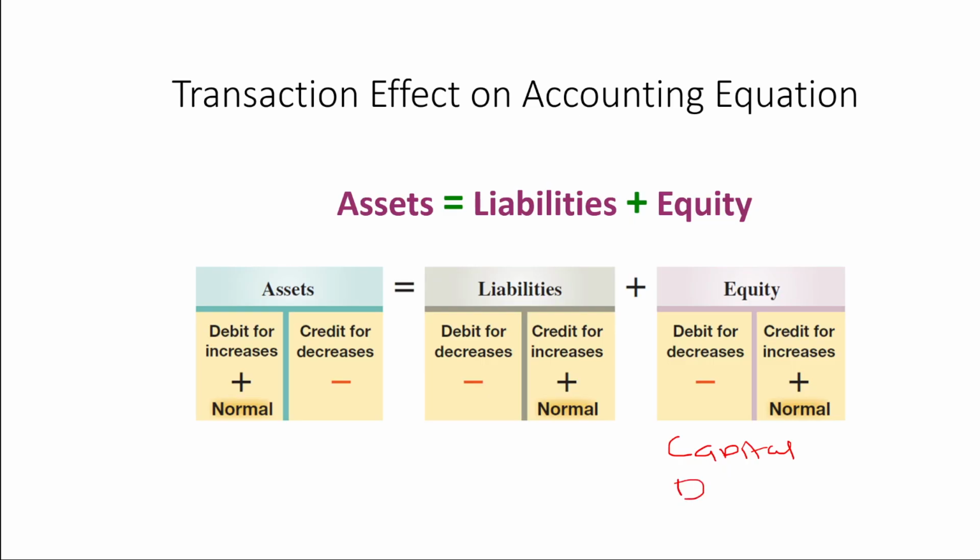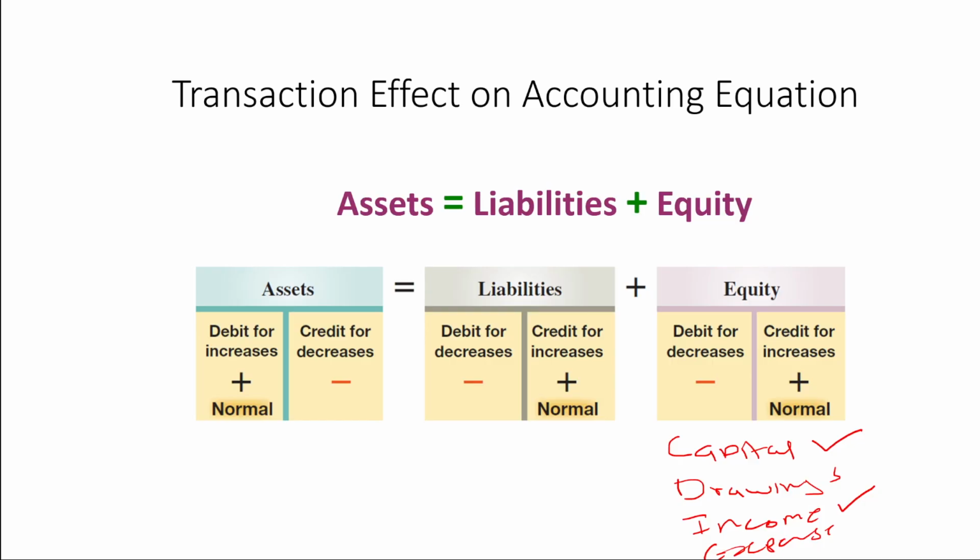We're then also going to have drawings, income, and expenses. So capital and income will both sit on the credit side of the equity, and both drawings and expenses will sit on the debit side of the equity.